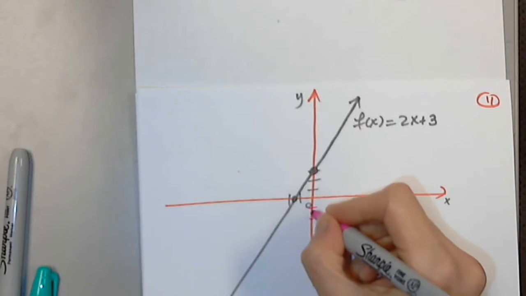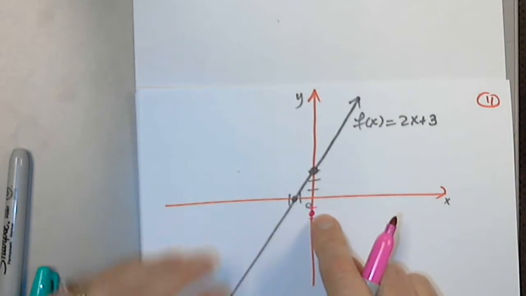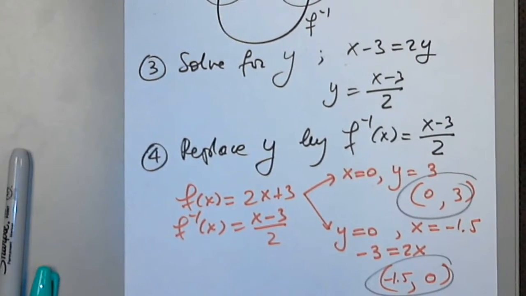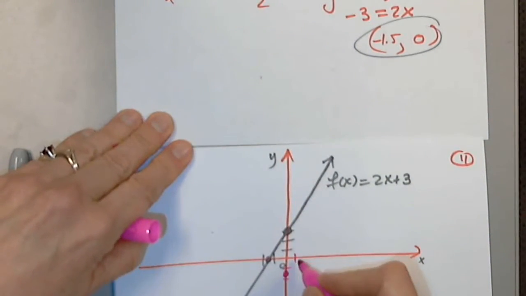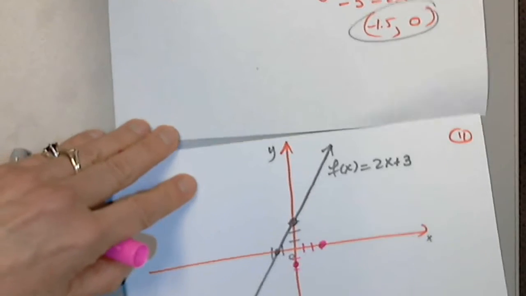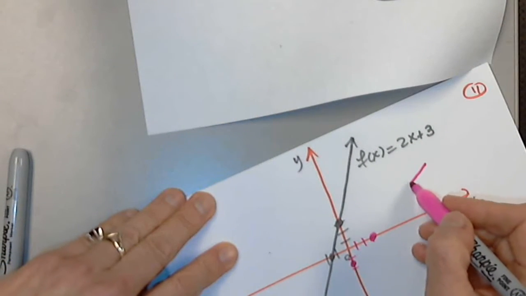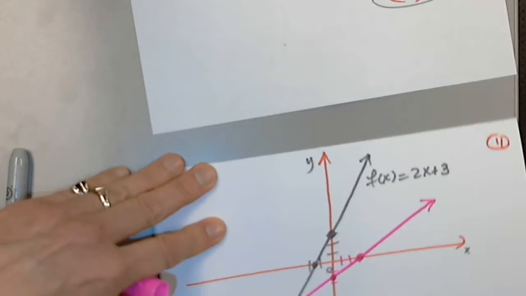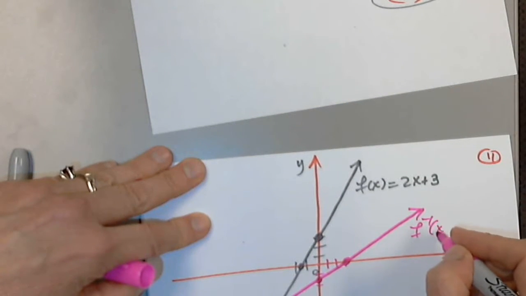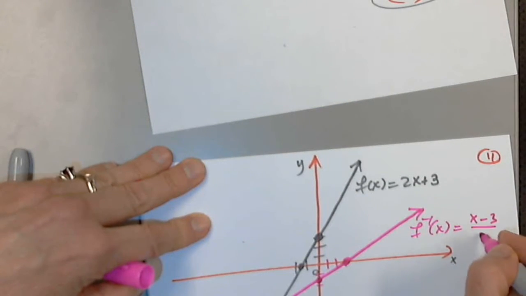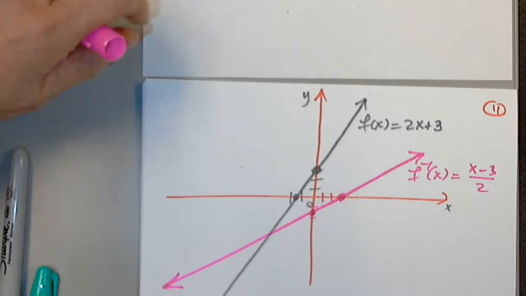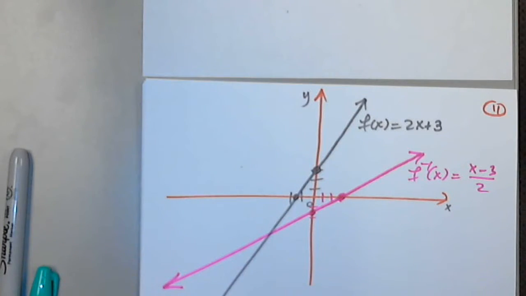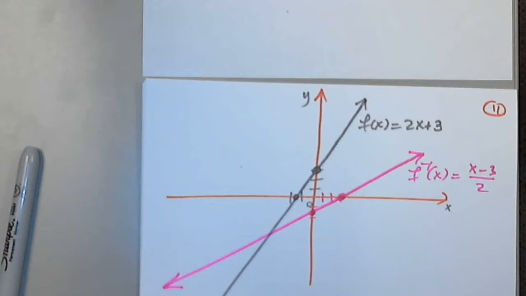So right here, 0, negative 1.5, and this is f inverse, x minus 3 over 2. I didn't have to find any x and y intercepts because I had them. I just had to reverse them.